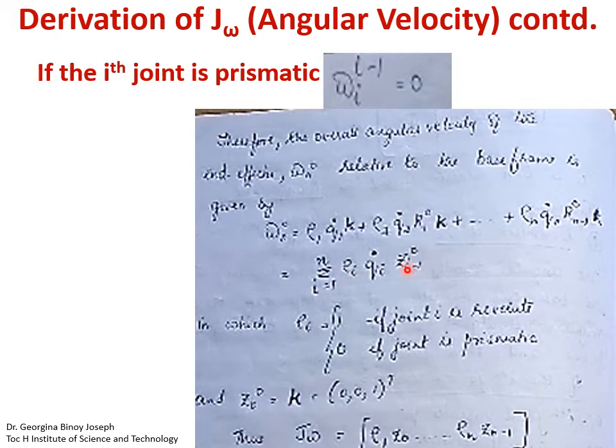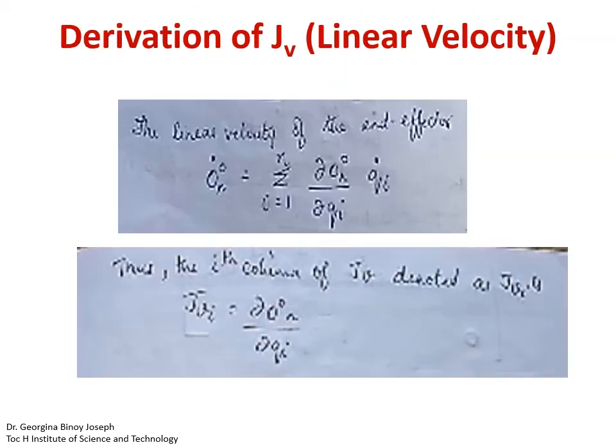So z0 to 0, that is z0. Then the next one will be rho 2 z1, all expressed with reference to the base frame, so 0 will be there. And the last one will be rho n, z n minus 1 to 0. Here also there will be a 0. We have not written that, but it is understood that it is all with reference to the base frame.